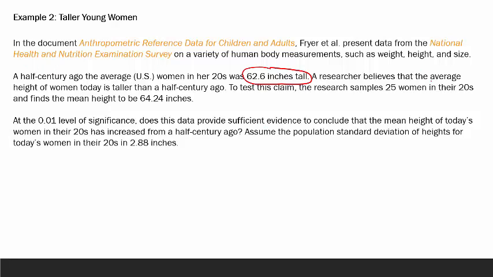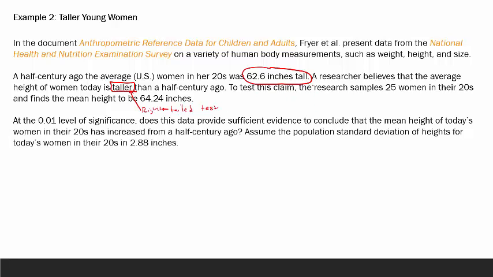All right, so a researcher believes that the average height of women today is taller. Think about it: if you're taller, that tells me it's going to be increasing, that the height has gone up. So this is going to be a right-tailed test.